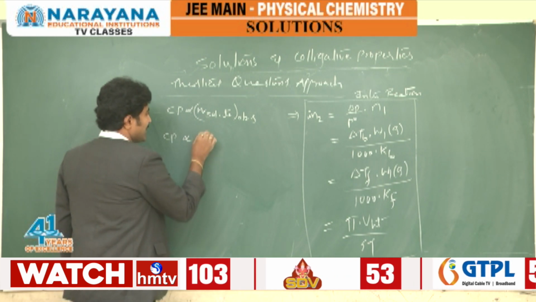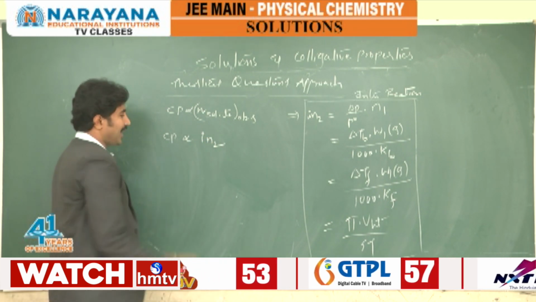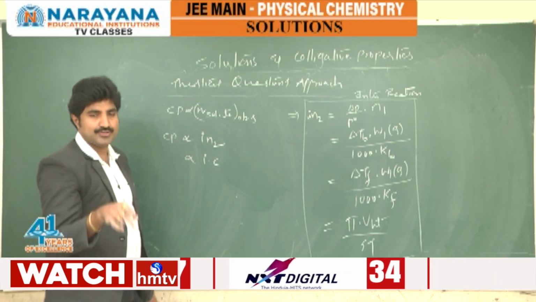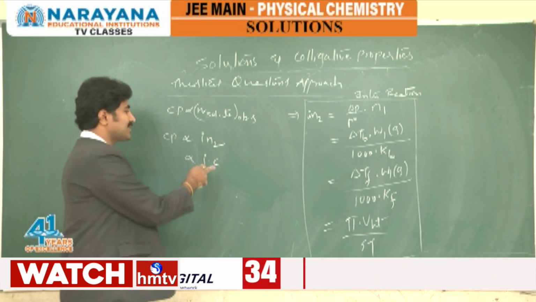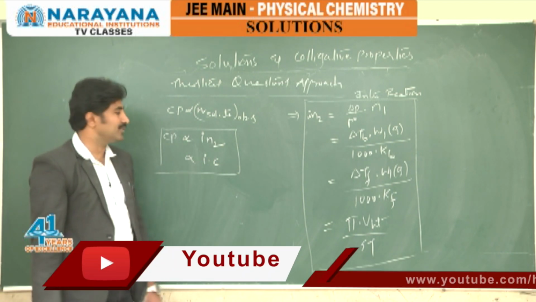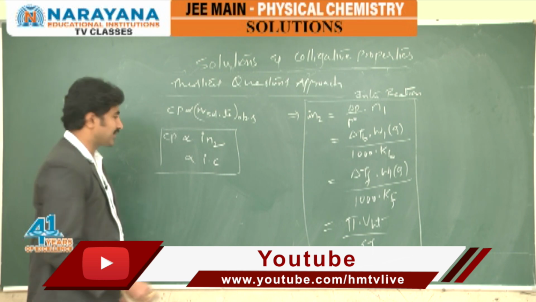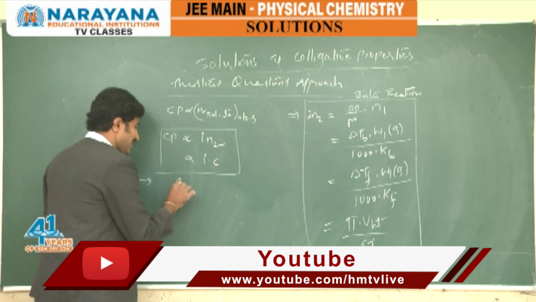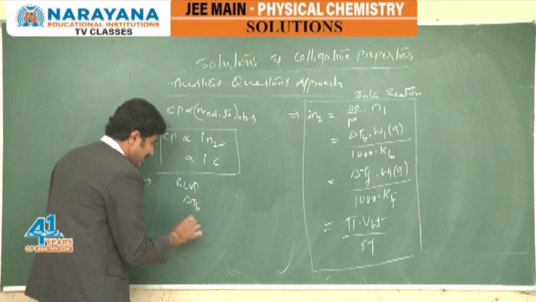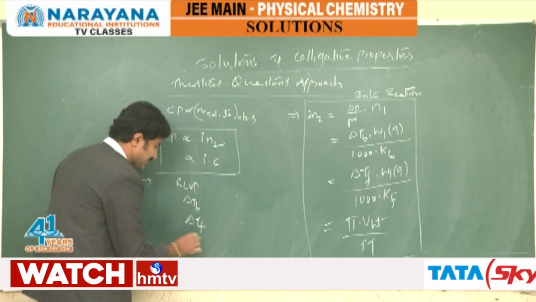iN2 or iC. Suppose if you take a fixed volume, N2 by V in liters is the molar concentration. Colligative property is directly proportional to iN2 or iC. Based on this, we can follow this one. We know this RLVP, and delta TB, delta TF, osmotic pressure.